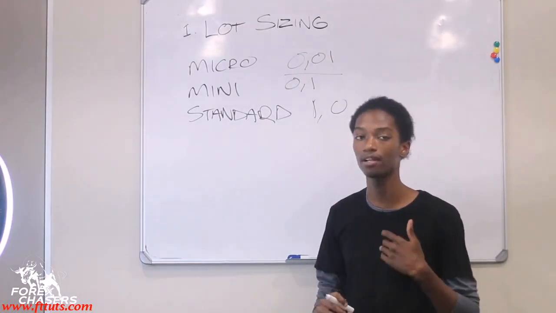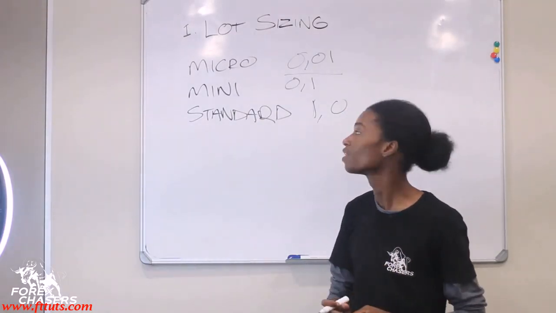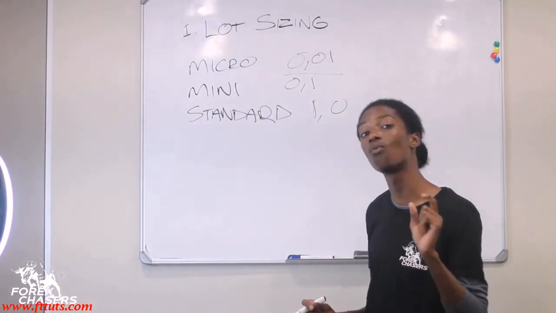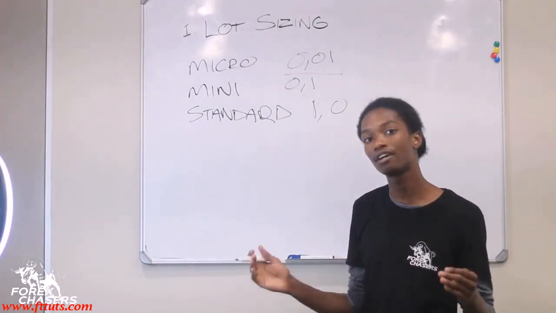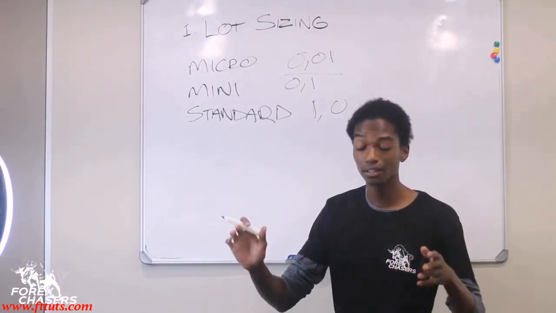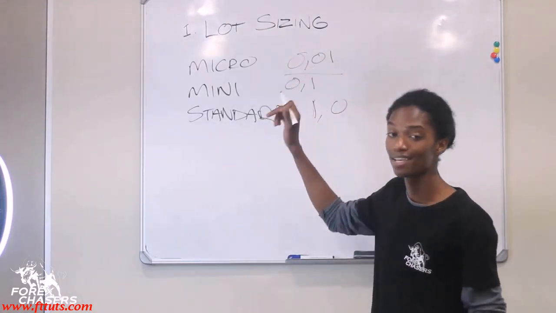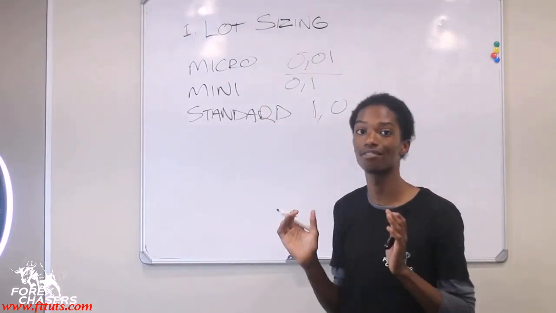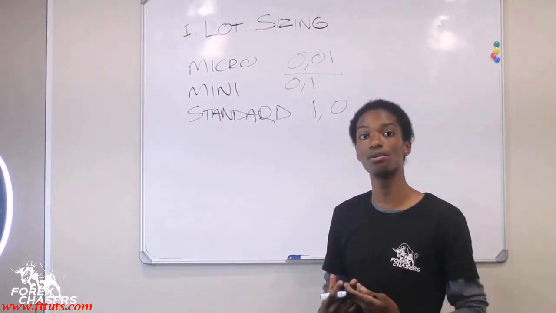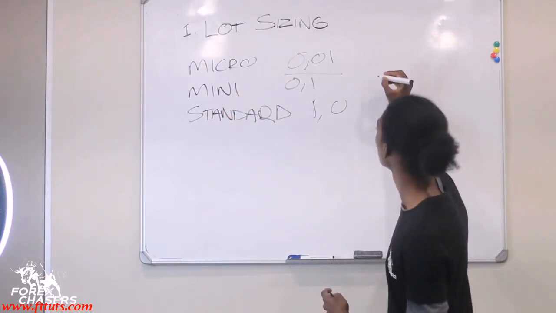The important thing about lot sizing is understanding what it actually means. A micro lot is worth 1,000 units of whichever currency you're trading, whether dollars, Canadian dollars, Kiwi, rands. 0.01 is 1,000 units of currency. That's how many units of currency you're controlling when you open a position with one micro lot.